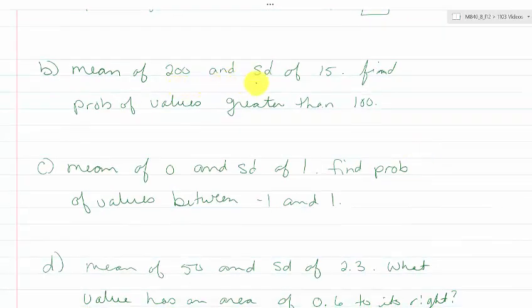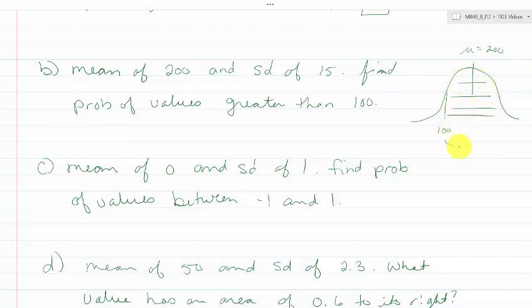Now a mean of 200 and a standard deviation of 15, and we want greater than 100. So in order to compute greater than 100, so here's a normal curve. We have a mean of 200, and 100 is to the left of that. And so we want this probability over here, so we need to move this over to this side. And so in order to do that, you need to figure out how far is 100 away from your mean.